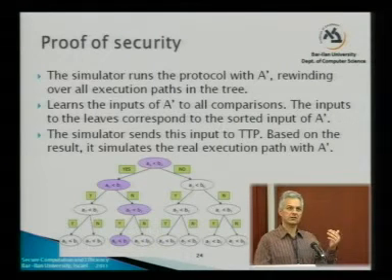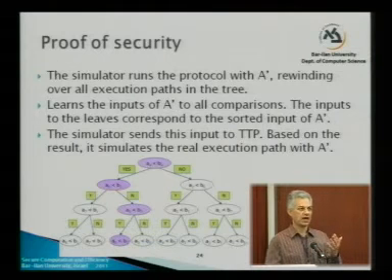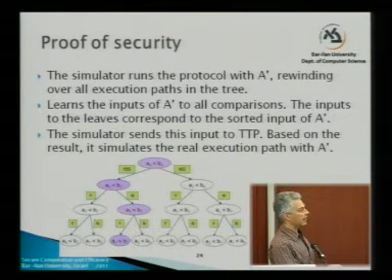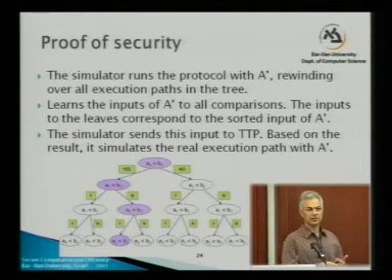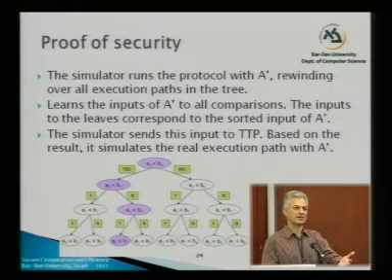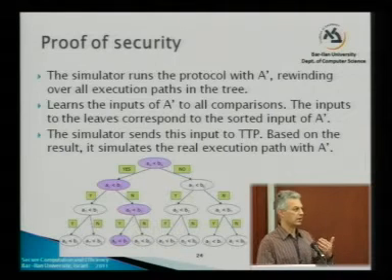It can start doing a simulated execution with A and see what happens. It does this comparison with A, sees what A sends to the comparison, and the simulator decides what A receives from the comparison.